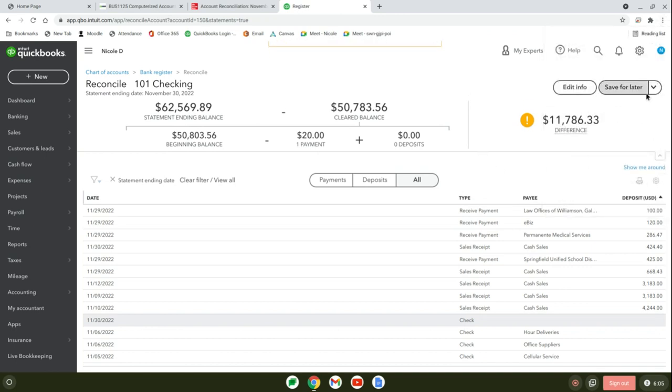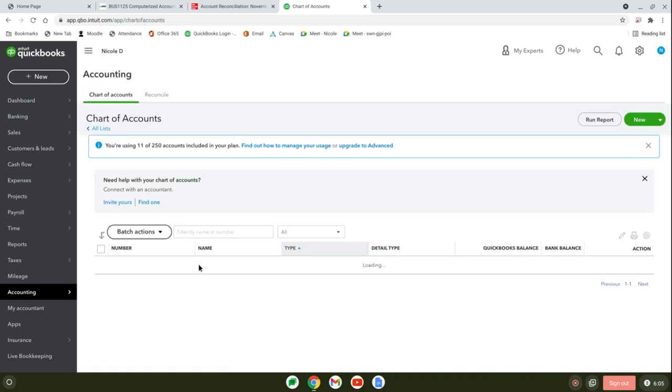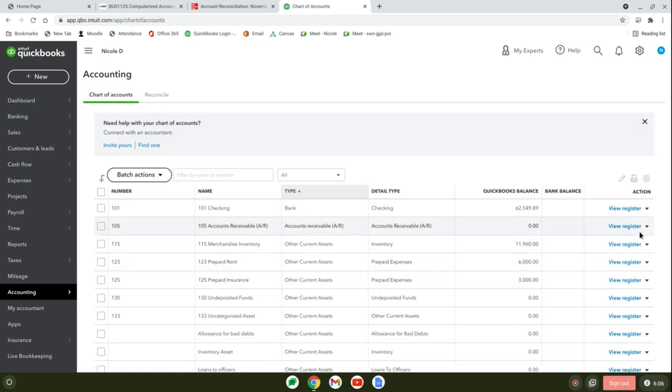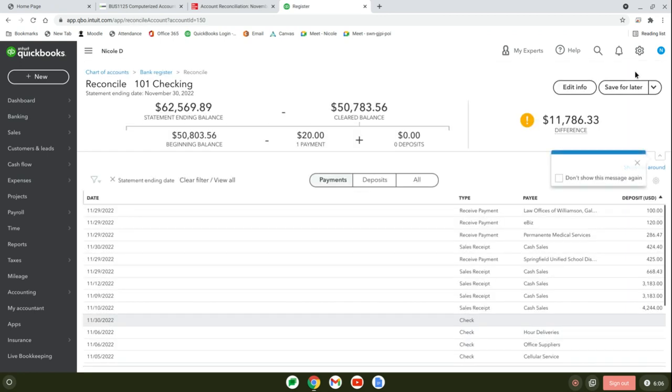All right, so I'm just going to save for later. And I'll go to view register, which I remember the last time I said, don't force it, so if I go back to reconcile, it'll bring me right back to where I was at.